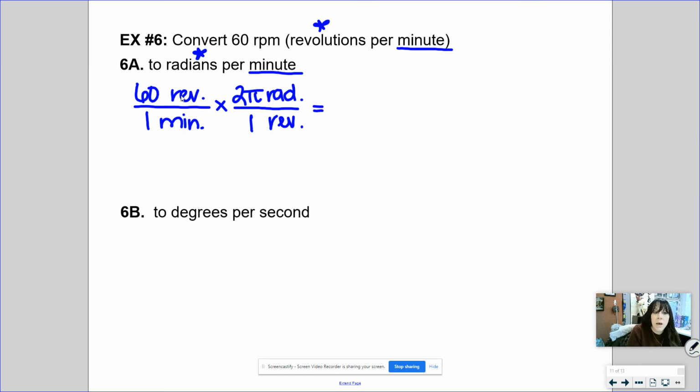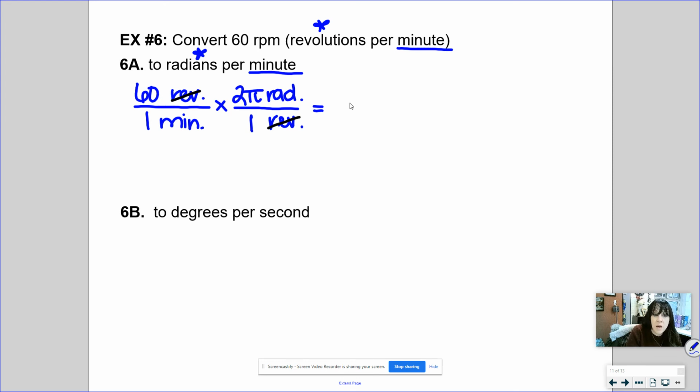Again, I want to make sure that the revolutions cancel on top and bottom, and I'm left with radians on the top because that's the first thing listed here, and minutes on the bottom because that's the second thing listed. So mathematically, once you get to this point, you just multiply top times top, bottom times bottom, and then you're done.